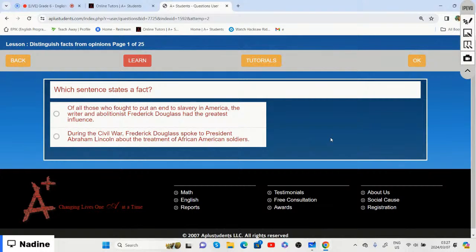All right. So we need to basically start with the fact. Of all those who fought to put an end to slavery in America, the writer and abolitionist Frederick Douglass had the greatest influence. Or do we say during the Civil War, Frederick Douglass spoke to President Abraham Lincoln about the treatment of African American soldiers?